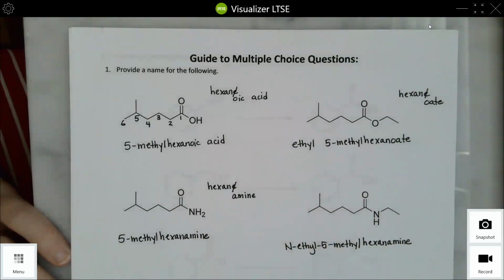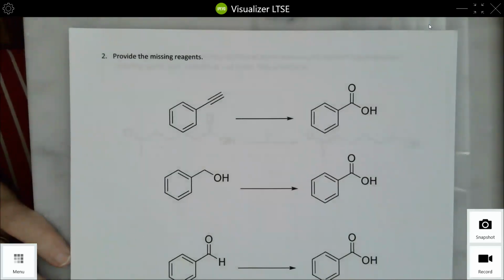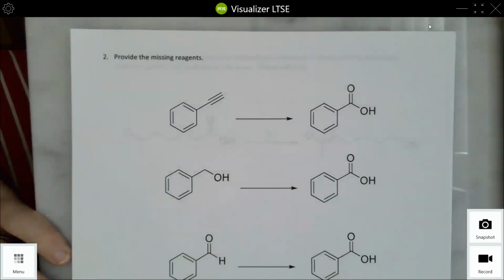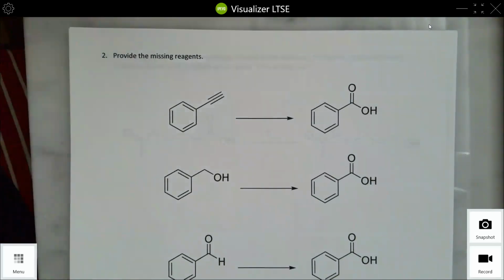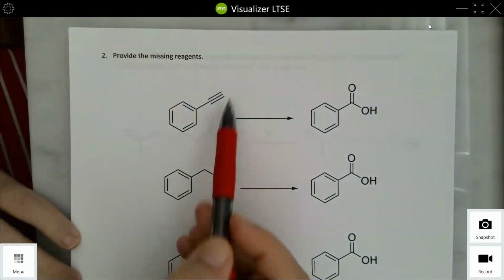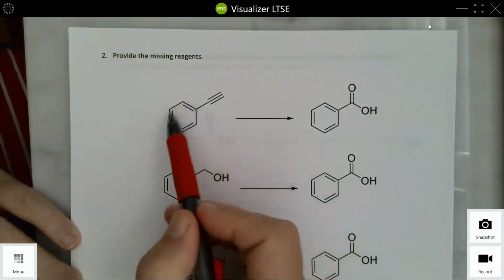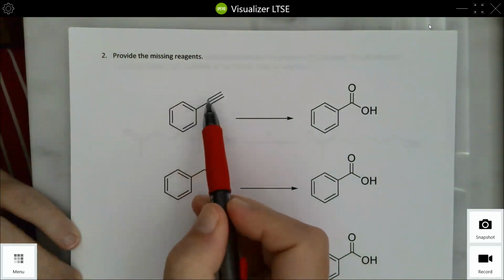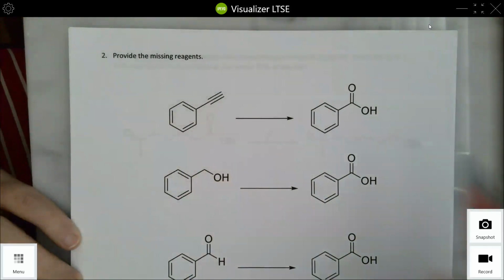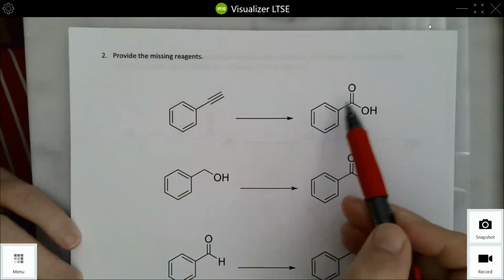All right, so we'll move on to the next question. Provide the missing reagents. You might recognize that this is a terminal alkyne. And if we're looking at carbons, we have the 6 carbons in the ring, and then we have 2 outside of the ring. So this has 6 carbons, but only 1 outside of the ring.